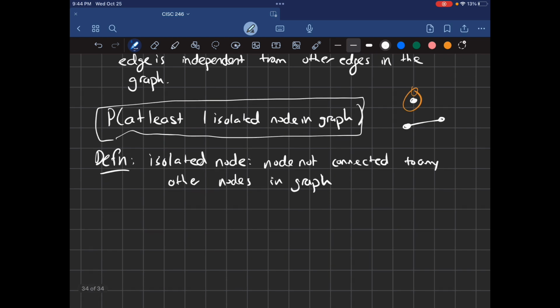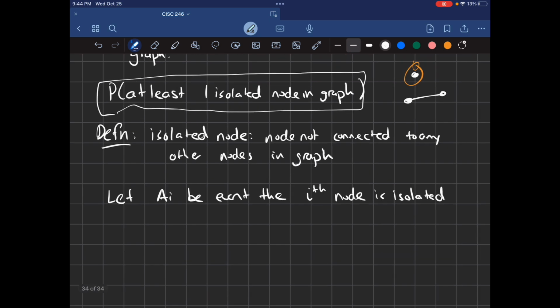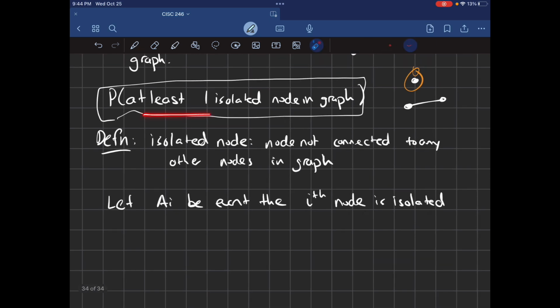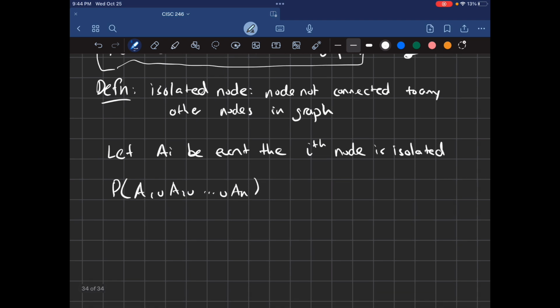All right, so how we're going to do that, we're going to say let A_i be the event that the ith node is isolated. Then the probability of at least one isolated node in the graph, that's the probability of A_1 union A_2 union ... union A_n.